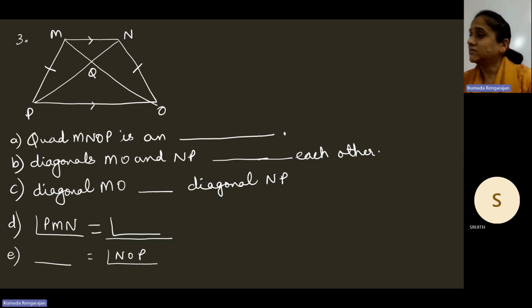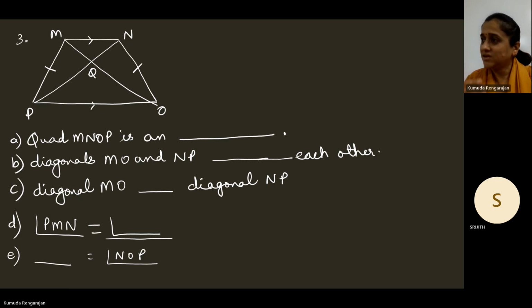So I repeat because I don't know where I stopped. This quadrilateral we identified as a trapezium because one pair of opposite sides are marked parallel. And we call it an isosceles trapezium because the non-parallel sides, MP and NO, are marked equal.